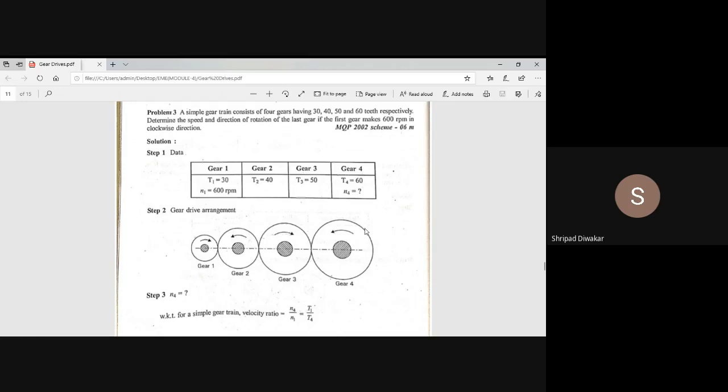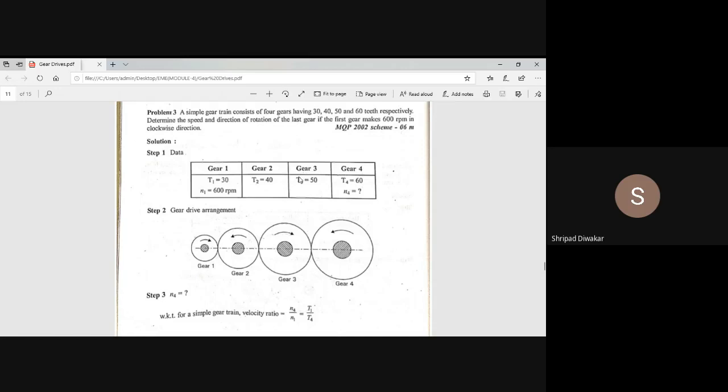So in the increasing order you have to show the circles. The problem clearly says the first gear rotates in the clockwise direction. Subsequently you have to draw the direction for the remaining gears: one is clockwise, another is anti-clockwise, the third is clockwise, and the fourth is anti-clockwise. This is the arrangement of the gear drives.